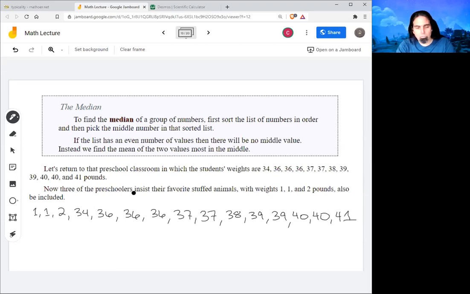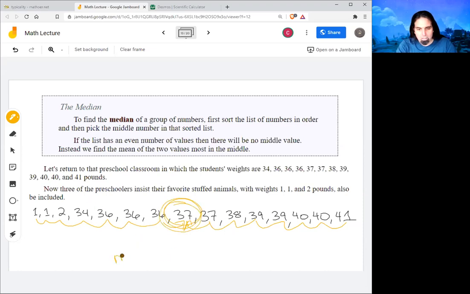Then once I have put everything in order from least to greatest, I'm going to pick the middle number of the list. So let's just kind of count. 1, 2, 3, 4, 5. 1, 2, 3, 4, 5. Keep going. Keep going. Aha, here's the middle number of the list.